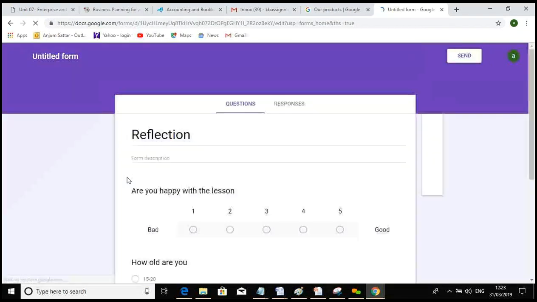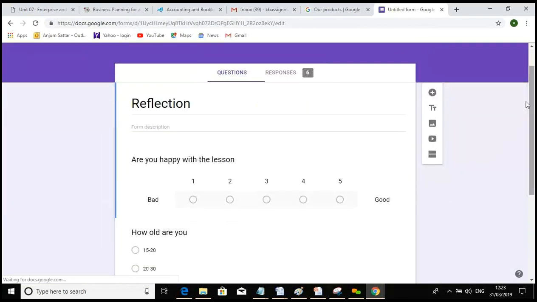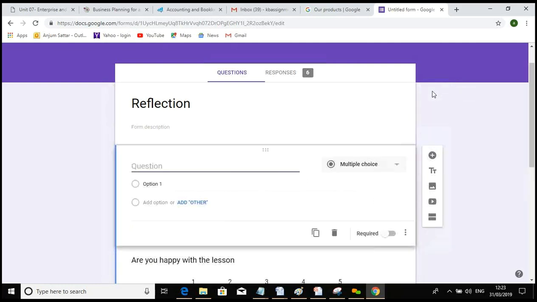Okay, let's assume I'm using this form and you ask, are you happy with the service? You can create questions yourself with the plus sign there.